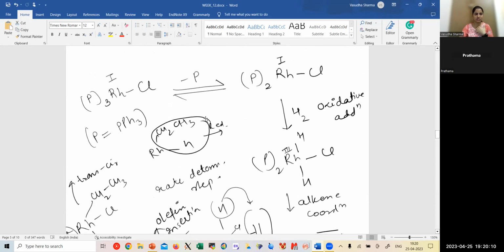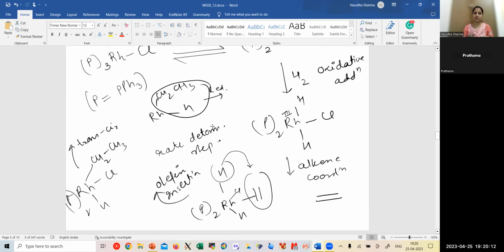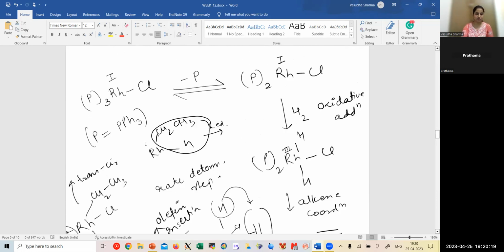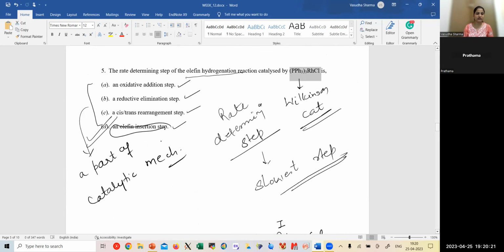So the take-home message is that here the olefin insertion is the rate determining step, because it is a slow step. It's not very fast to have the insertion with the rhodium. Okay, so the right option is olefin insertion.